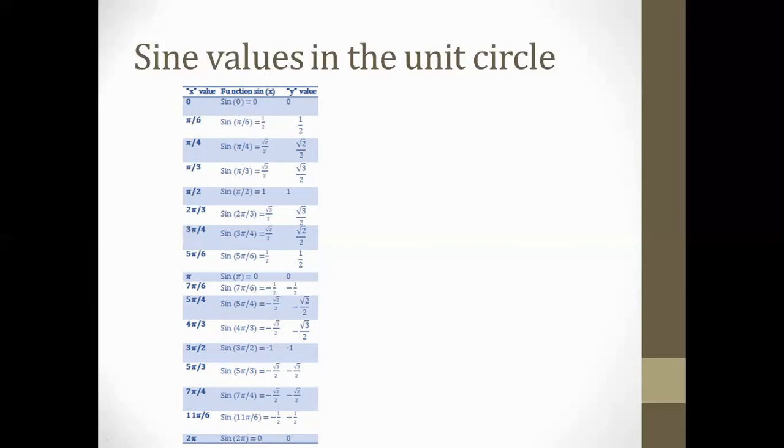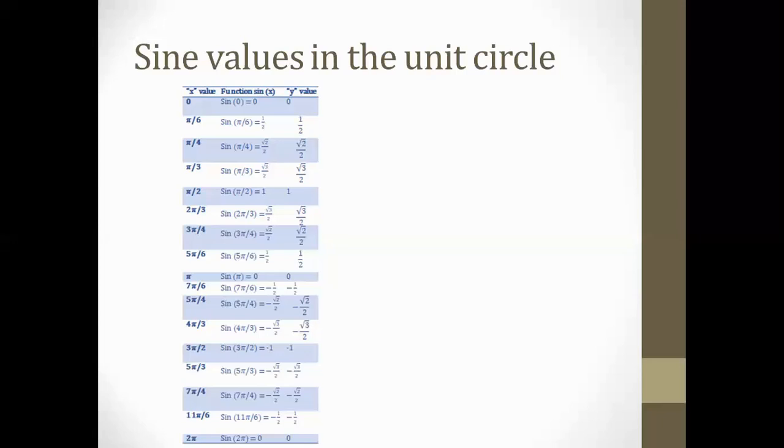You can try sine of pi over 8, for example, and you're going to have a value. Sine of pi over 8 gives you about 0.38, and you can continue trying. What about pi over 9? 0 point something.